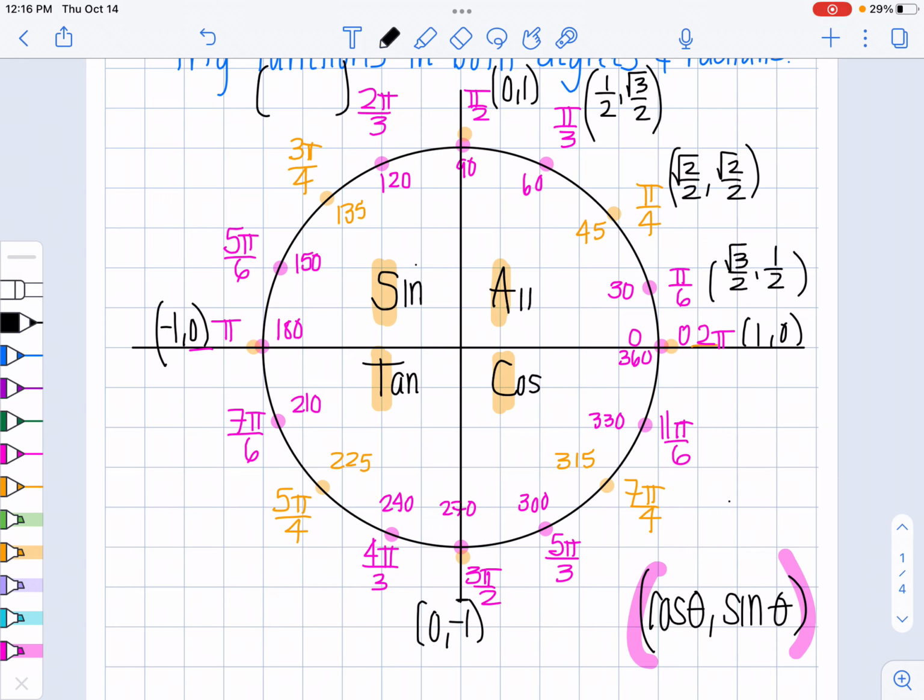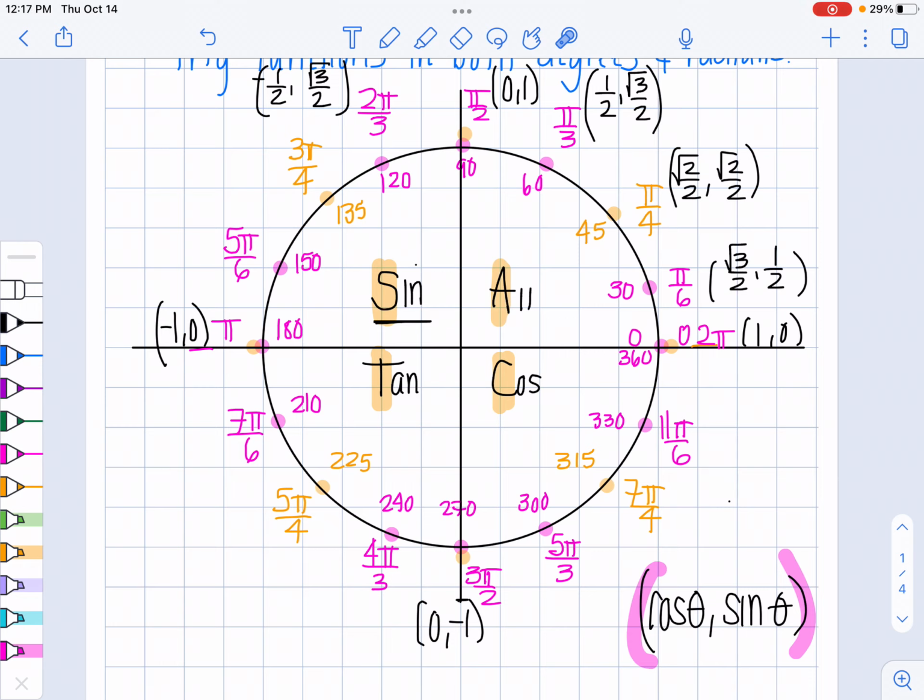So this is going to be 1/2, square root of 3 over 2. However, my x value is going to be negative, which means this is going to be negative 1/2, square root of 3 over 2, which makes sense because I'd have to go left, which is negative, and then up, which is positive.